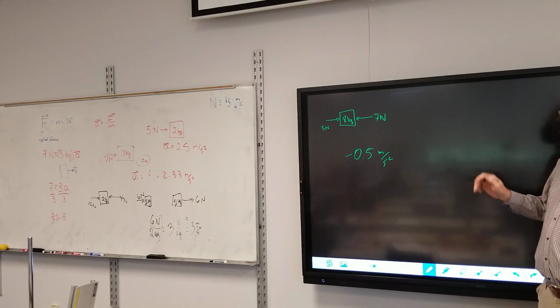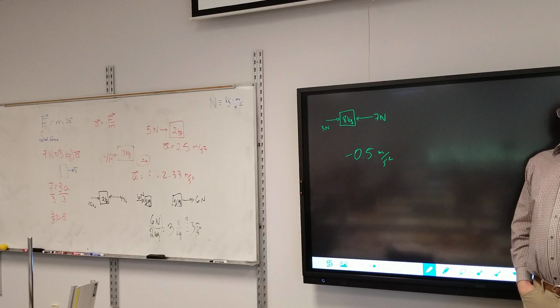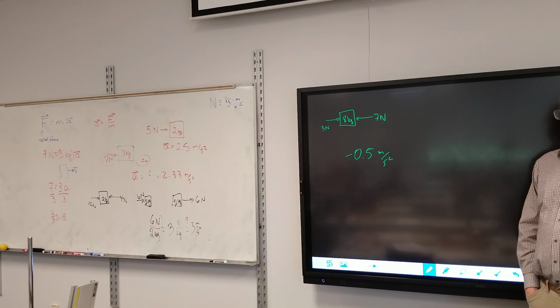And the other issue is the negative sign. Why is it negative? There's more force going in the negative direction. Why is that the negative direction? Because we did it thinking right was positive.